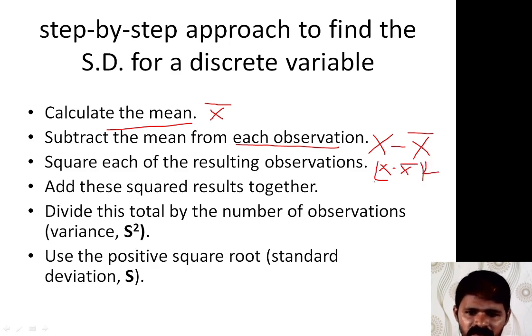After that, we add all the squared values that we are getting, that is, we take the sum. Then finally we divide this sum of squared values by the total number of observations.